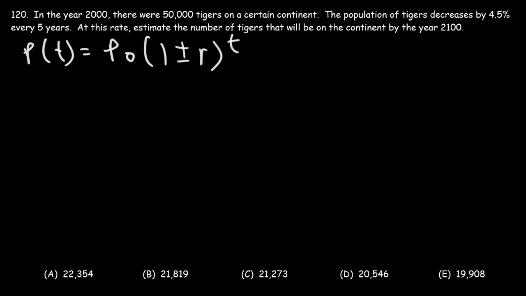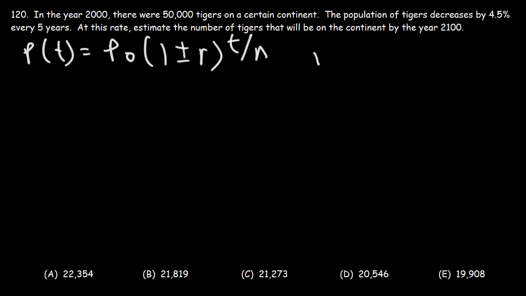Now this formula is going to be different because t is basically the number of years. However, notice that the population decreases by 4.5% every 5 years. So in order for t to be the number of years, we need to divide it by n, where n is the number of times the population is compounded by a decrease of 4.5%.